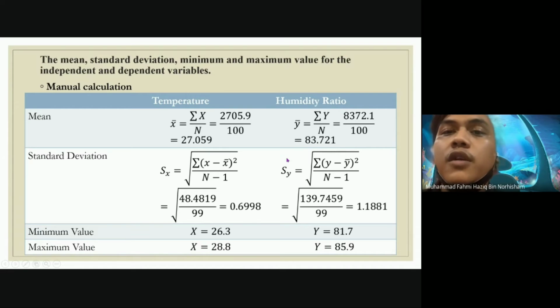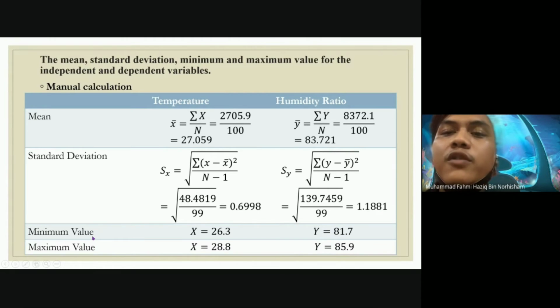For the humidity ratio, Y equals 83.71. For the standard deviation, SX, we use this formula and we get 0.6998. For SY, we use the formula and we get 1.1881.